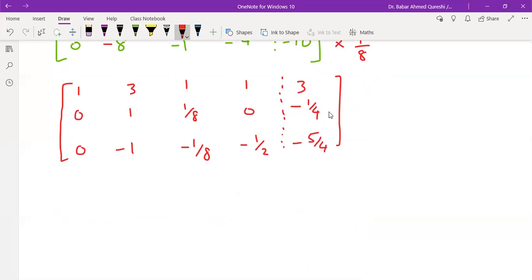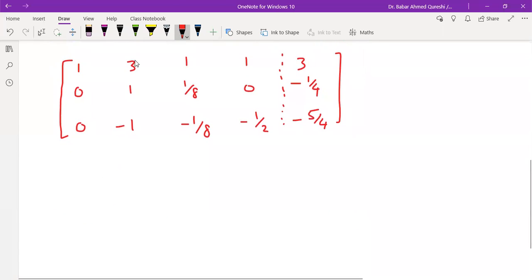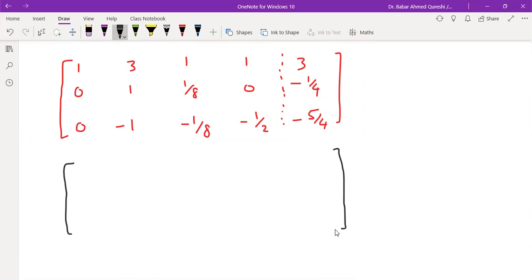So that means all I have to do is add these. So when I add these, so I'm adding these two rows.